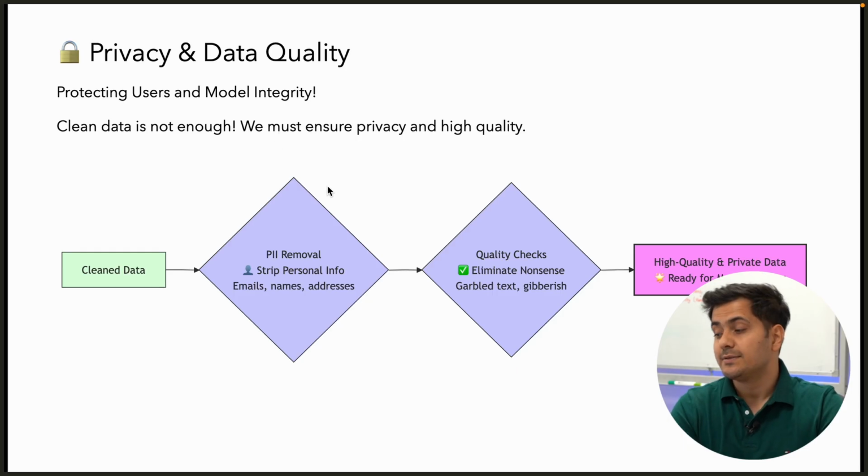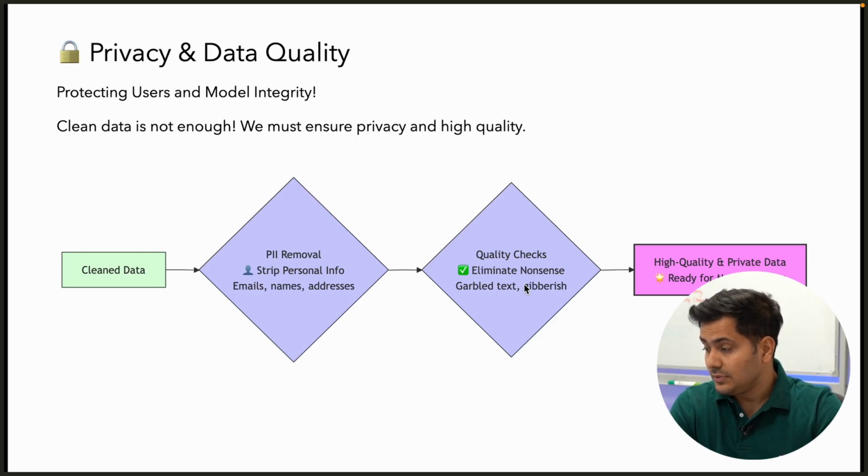This is basically around removing personally identifiable information, like names and email addresses. Those show up quite a lot on blogs, articles, and generally on websites. We want to make sure that our model does not leak information unintentionally.